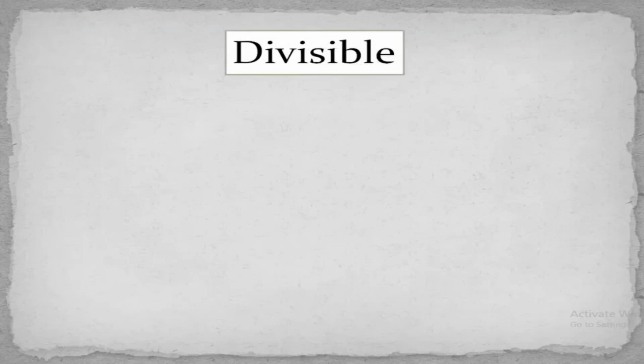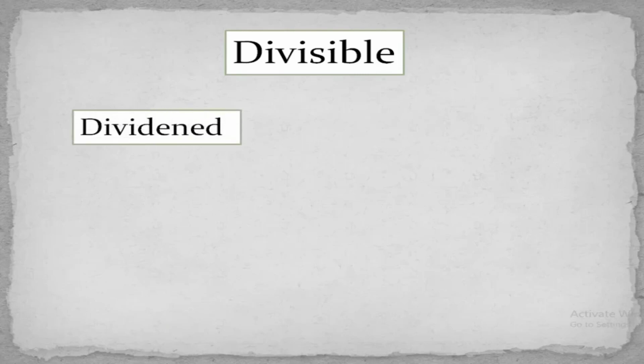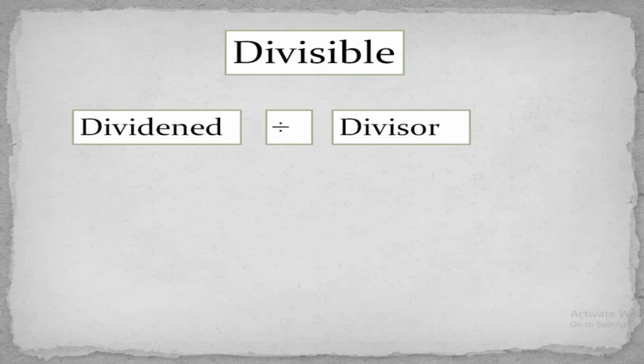So we have to understand what is meant by divisible by. When we have a number that we are going to divide, it is called the dividend. If we divide it by another, smaller number, that is a divisor.